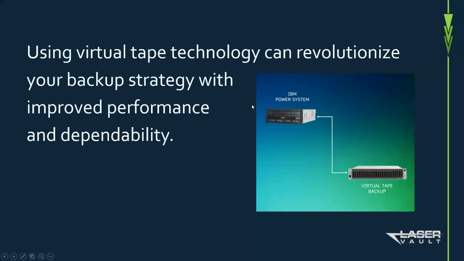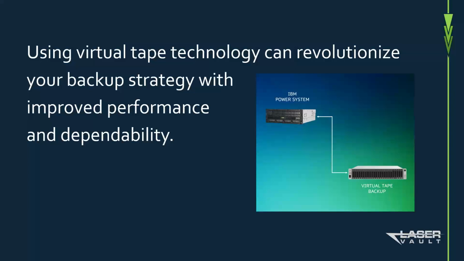So we'll begin talking about using virtual tape technology for your IBM backups as a backup strategy to improve the performance and dependability of the backups, and the ability to do things like full system saves. We'll talk about that, and D-mode IPL, all of the capabilities that you currently have with either the physical tape technology you're using or a virtual solution that you might have.